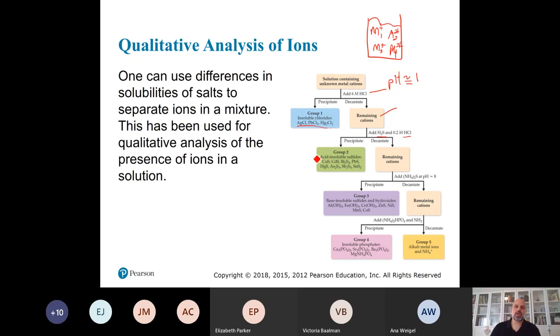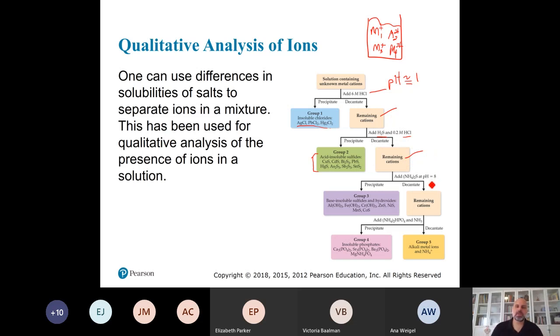You're going to have insoluble sulfides that start to crash out of solution under these acidic conditions: copper sulfide, cadmium sulfide, bismuth sulfide, lead sulfide, mercury sulfide, arsenic sulfide, antimony sulfide, tin sulfide. So you're able to precipitate a whole bunch of new salts out of solution. Then you have additional metal cations in solution, and you just separate the precipitate off.